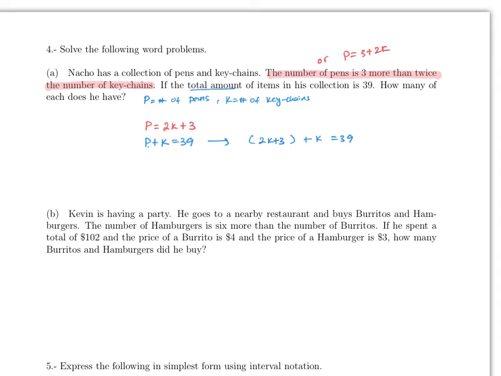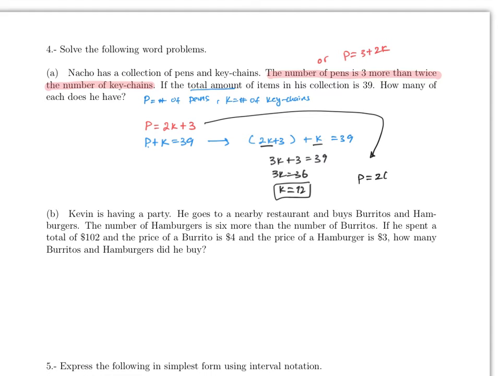If you combine like terms, you have 3k, because you have 2k in here plus k. So then we have 3k plus 3 equals 39, or 3k equals 36, which means that k is 12.